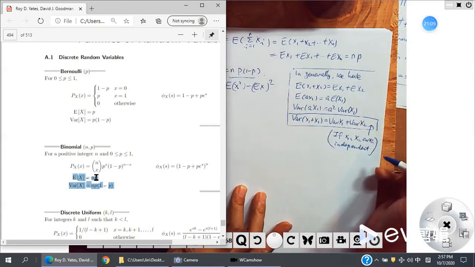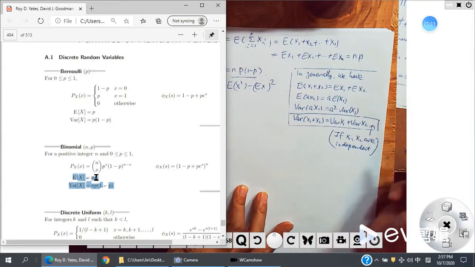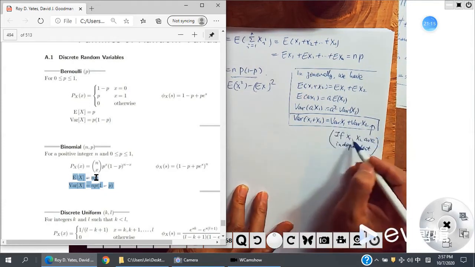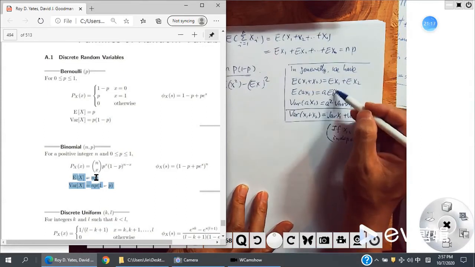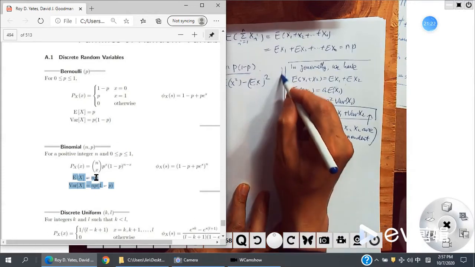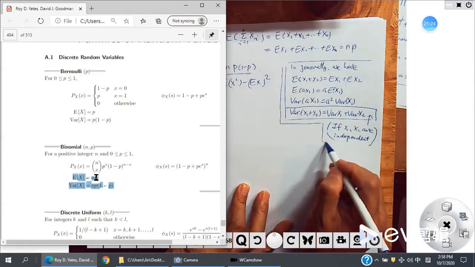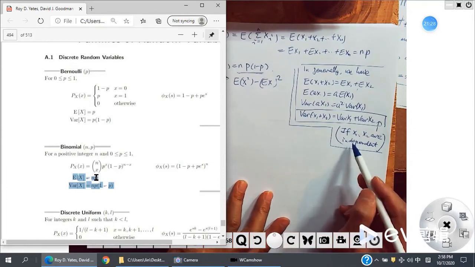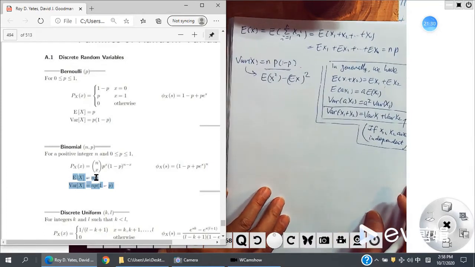This formula will not hold all the time, only if they are independent, and these three always hold. In later calculations, sometimes you need these formulas. I listed them here.